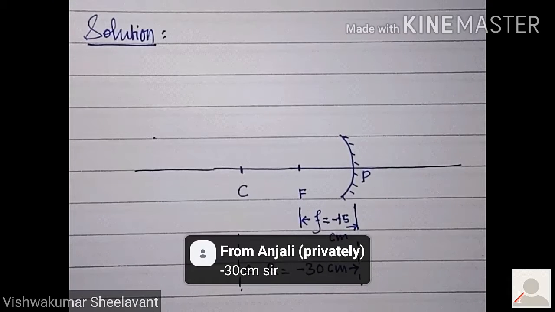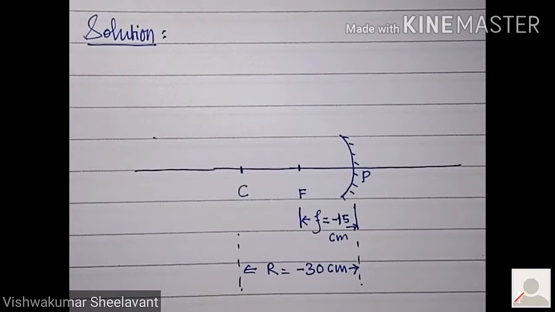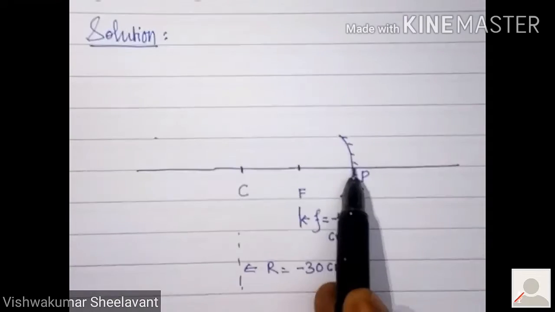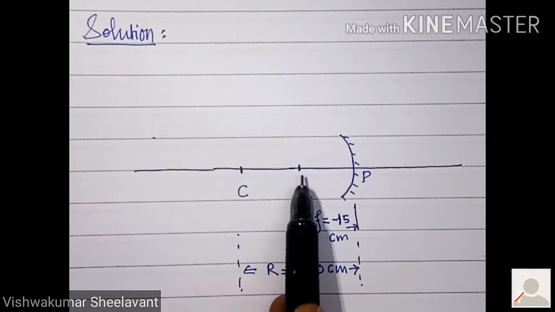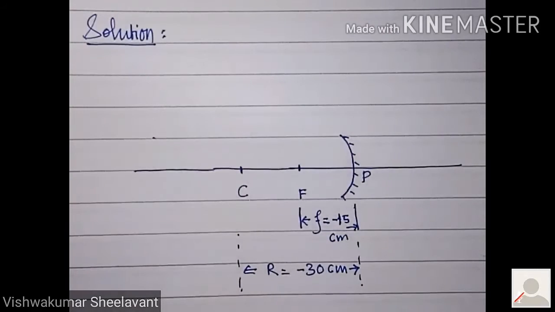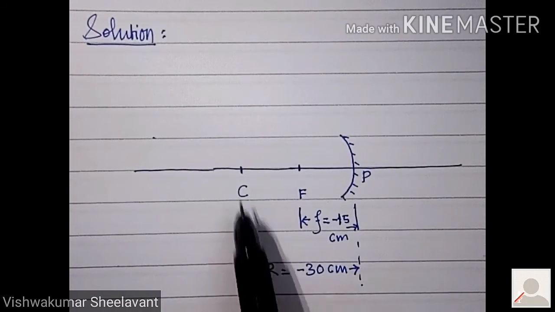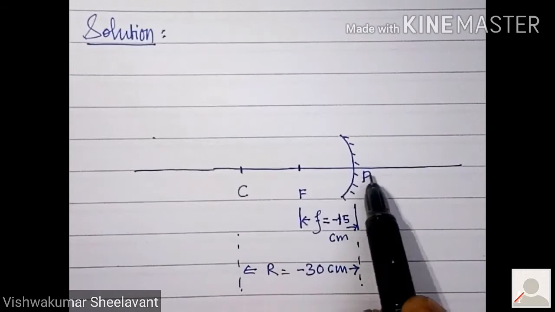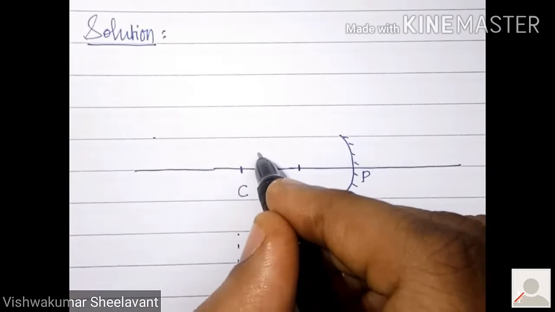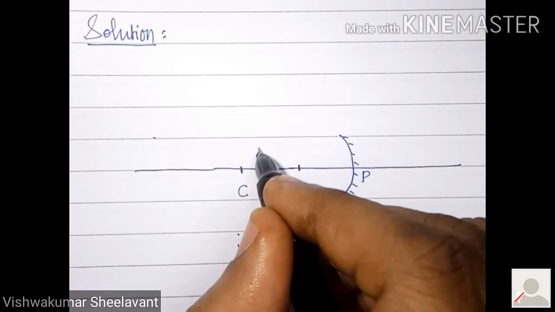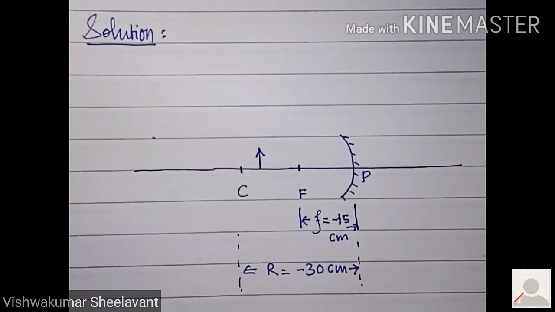Now where the object is placed? At 25 centimeter from the mirror. That means between F and P now. Total distance here is 30 centimeter. 25 centimeter means somewhere here. So this is object.